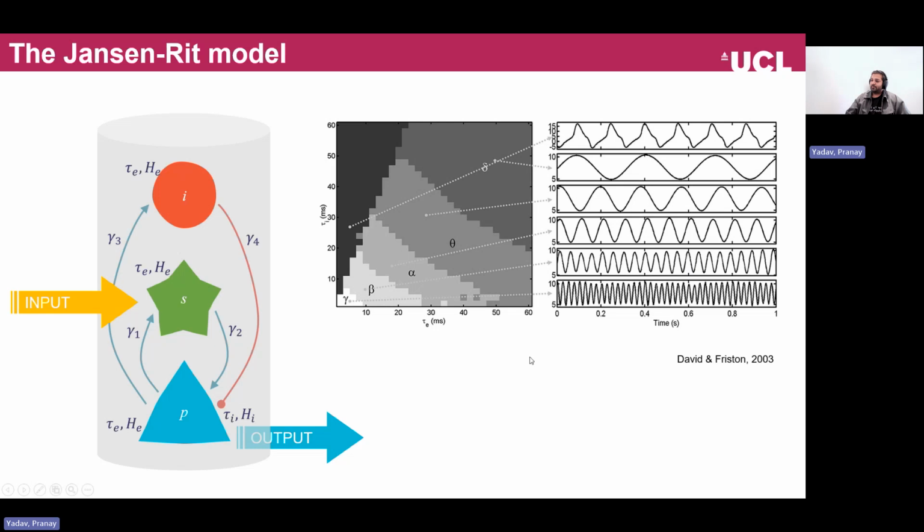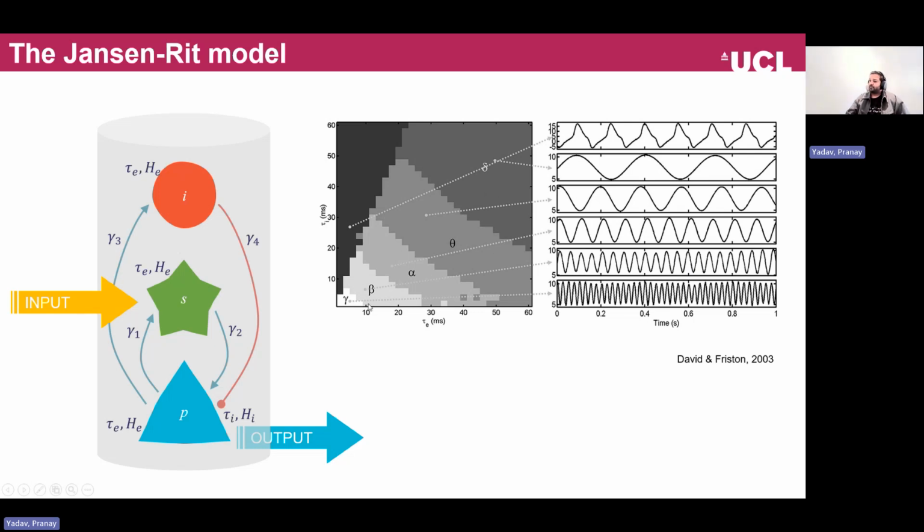Now, in the original paper that introduced this model in 2003, it was a very fascinating simulation. They took the two time constants, the excitatory on the x-axis and the inhibitory on the y-axis, and they varied them systematically. And they found that the system is capable of producing a diverse range of spectral responses in different bands.